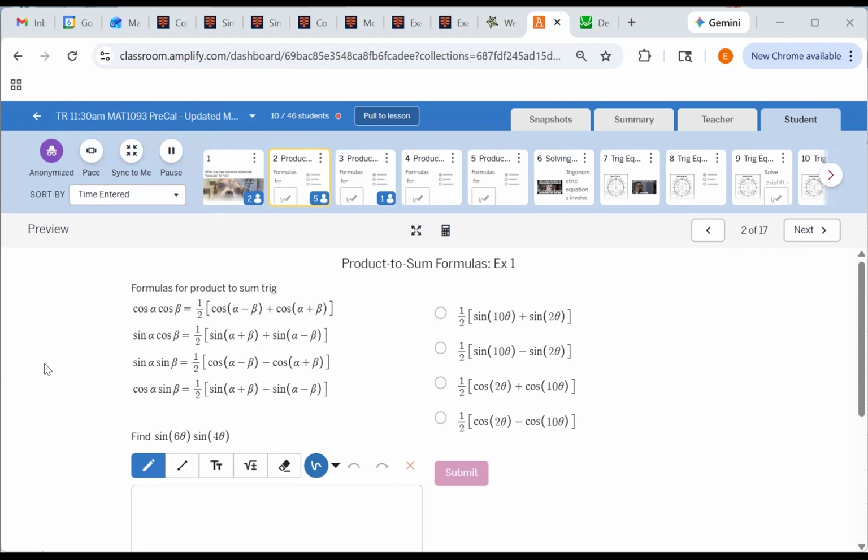Honestly, I never even saw these in math until I started teaching pre-cal here. That is how rarely these particular formulas show up. It's cosine alpha, cosine beta, so we have two different angles, and most of our math work, we only have one variable.